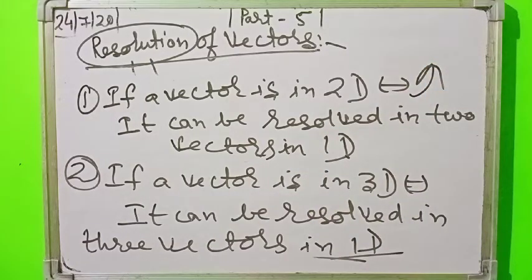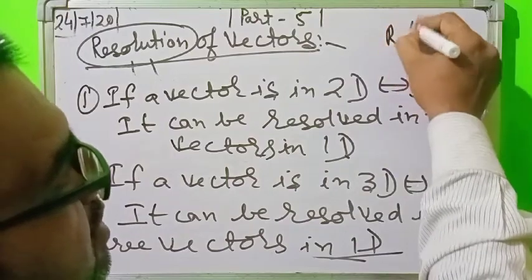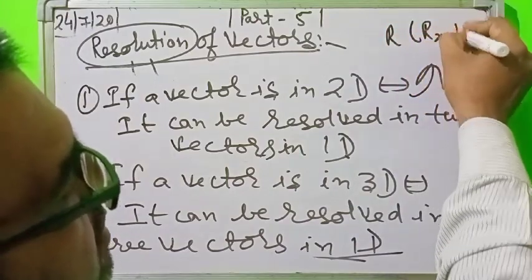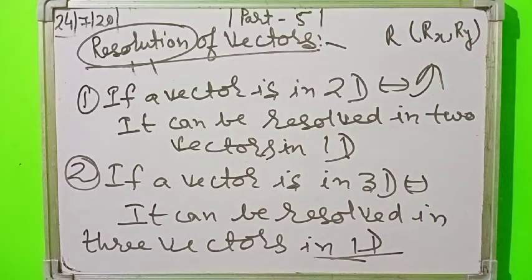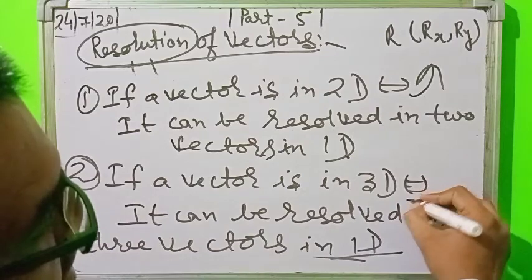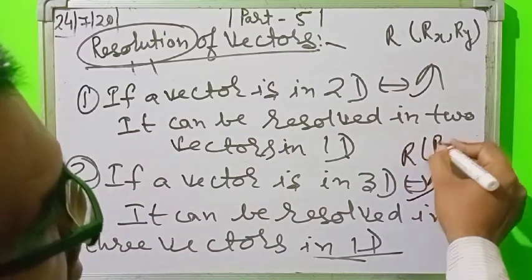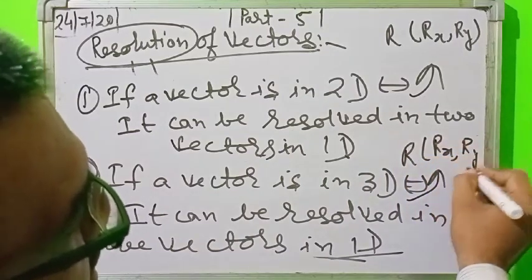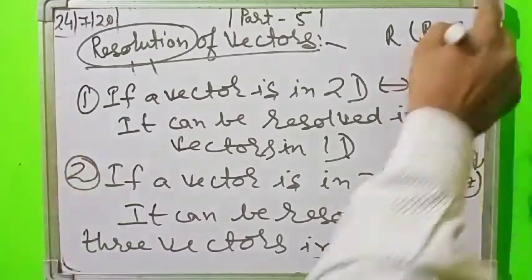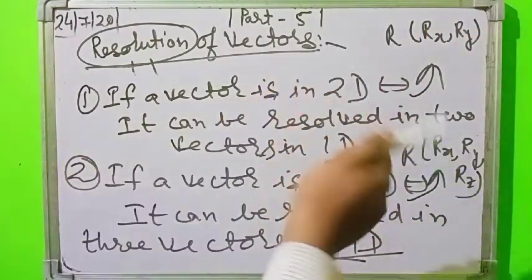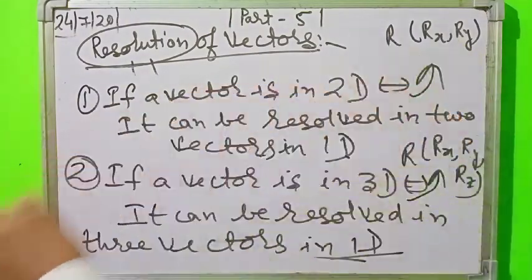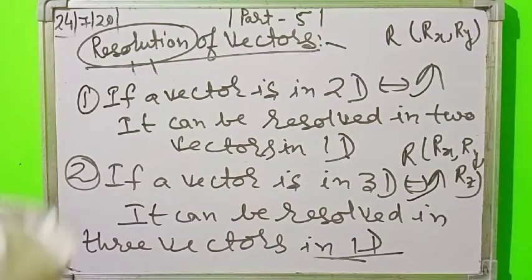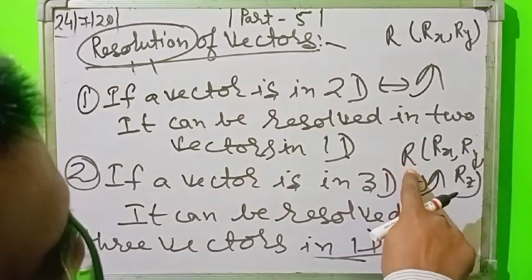If there is a vector R in two dimensions, you can resolve it into Rx and Ry. These are the two fragments of this R vector. If there is a vector in three dimensions, then you can resolve it into Rx, Ry and Rz.